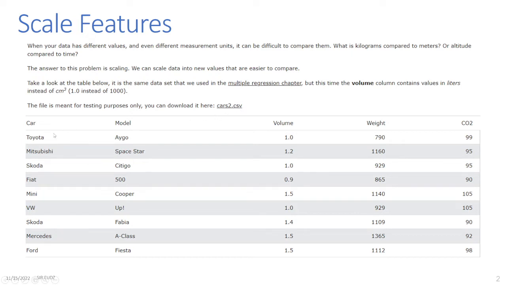So we have here again the car, the model, the volume, and the weight in kilograms, and we have here the CO2 emission. The volume is now in liters rather than cubic centimeters.